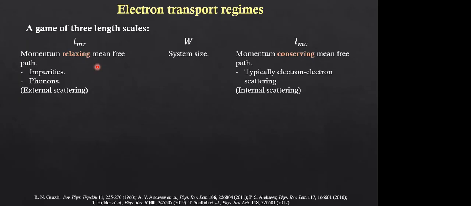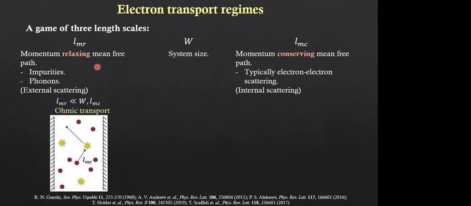And depending on these 3 length scales, we can be in one regime where the momentum relaxing mean free path is very small compared to the system size, as well as the internal scattering length scale. And that gives an ohmic transport. That means you are sending some electrons in the device, the electrons are scattering from the impurities or the phonons, and you are measuring some voltage.